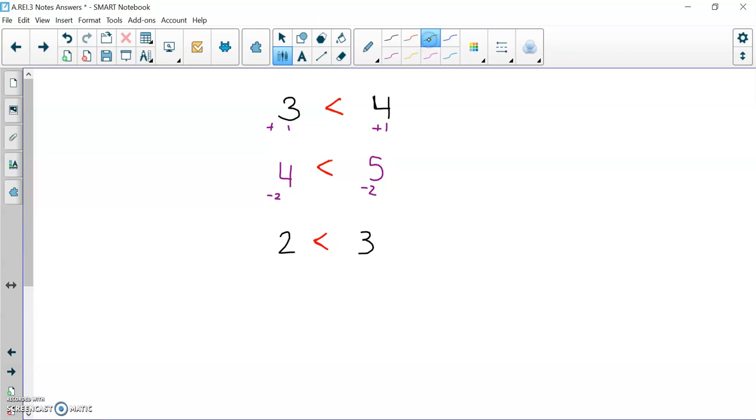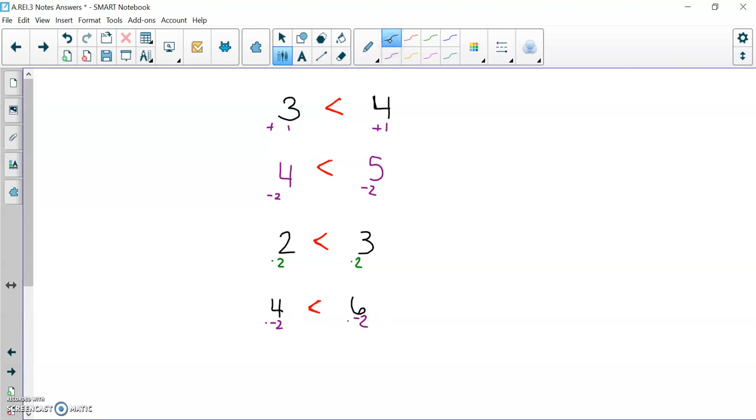Let's say that I decided to multiply both of these numbers by 2. Well, I would now have the numbers 4 and 6. And to compare these two numbers, I still would have a less than symbol. Let's say I decided to multiply these two numbers by -2.